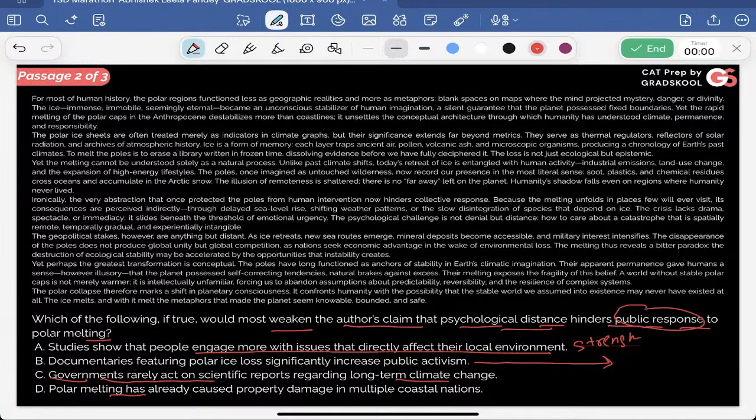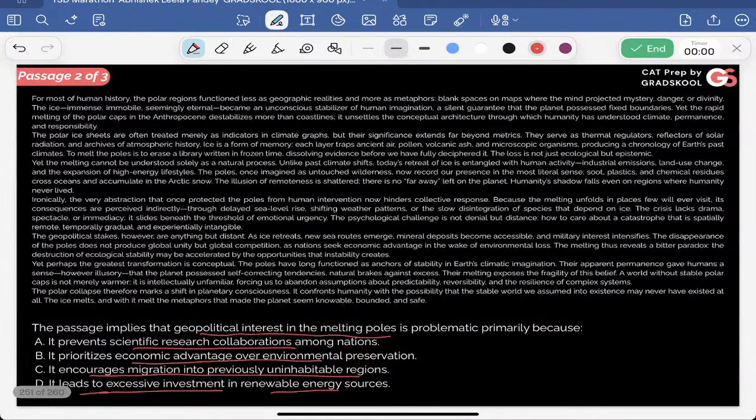That is why this passage is global. So C goes weird, vague. Polar melting has already caused property damage in multiple coastal nations. Property damage is out of context there. So B is where people are actually concerned. So B is the one that weakens. Exactly. That's right. Coming to the next one.